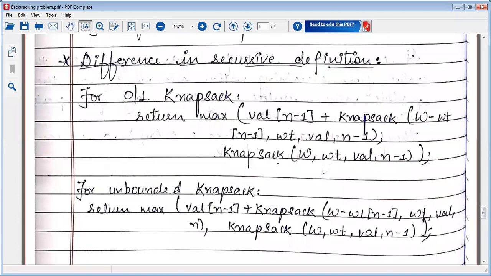In that case, we have not concluded that the total time is polynomial. The reason is that your total time is not only dependent upon the size of input, but it depends upon one more variable w, and w is not related to the set of input. So we have seen that the total time is order of n into w, but we cannot say this is polynomial. Rather, such a problem is known as pseudo polynomial time.